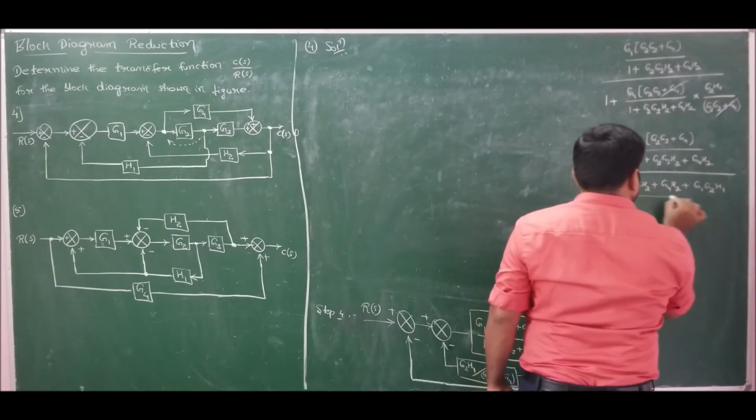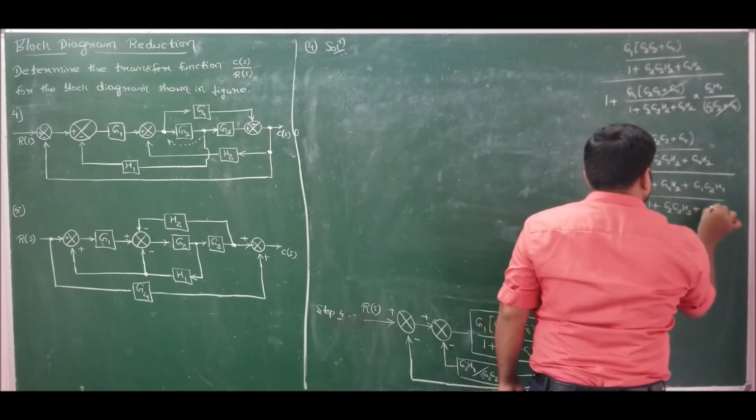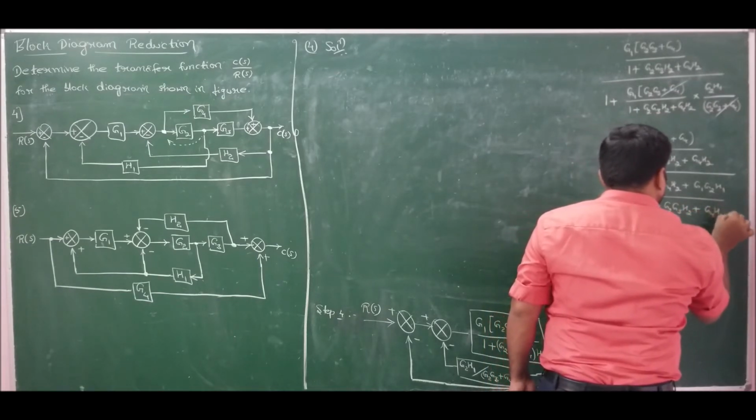So this is divided by 1 plus G2 G3 H2 plus G4 H2.